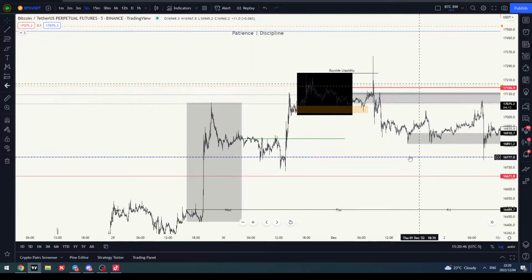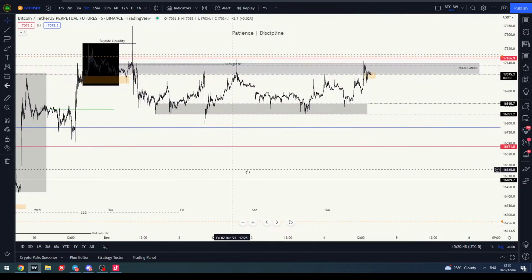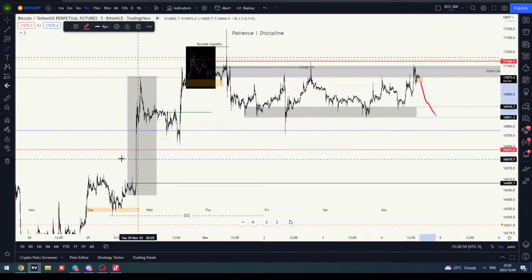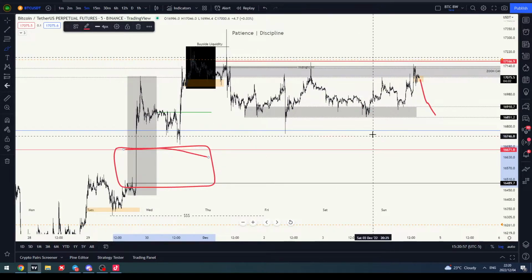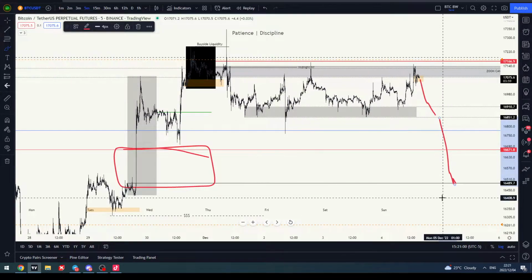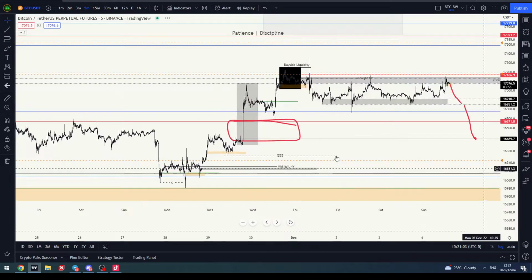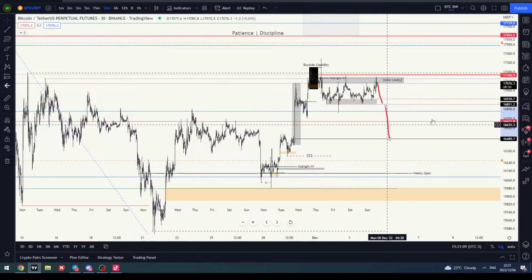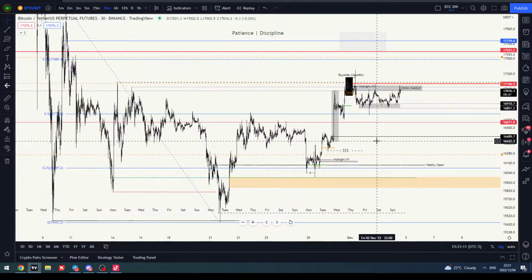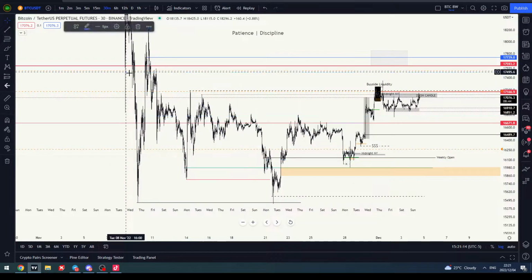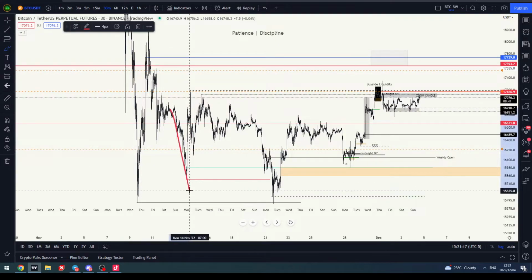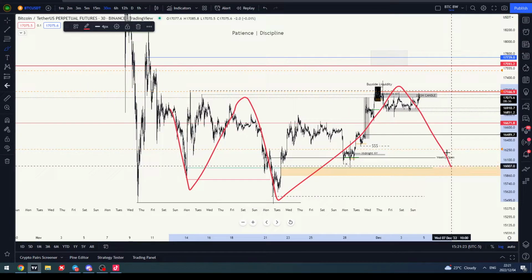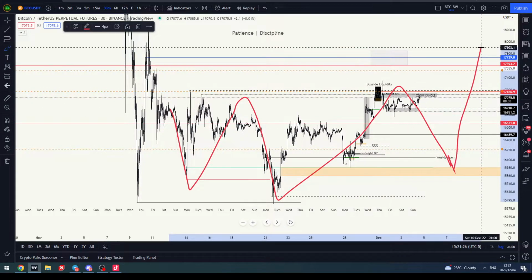Now, having said that and talking about the void, this is one of the reasons why, if we were to have any targets here on Bitcoin and we were to break down, I want to see the rest of this particular void filled out as price draws back into here. And there is a small chance that on a slightly higher time frame, if we were looking at accumulation, failure swing, opposing liquidity run, push, then this would be the retrace we're looking for, and then that would be the continuation.